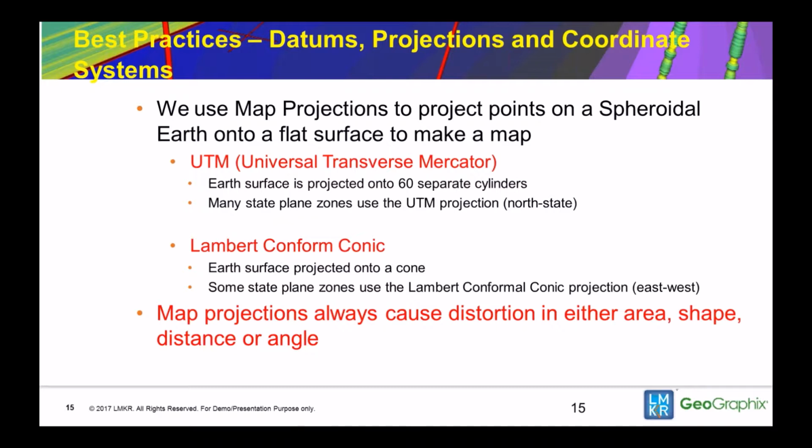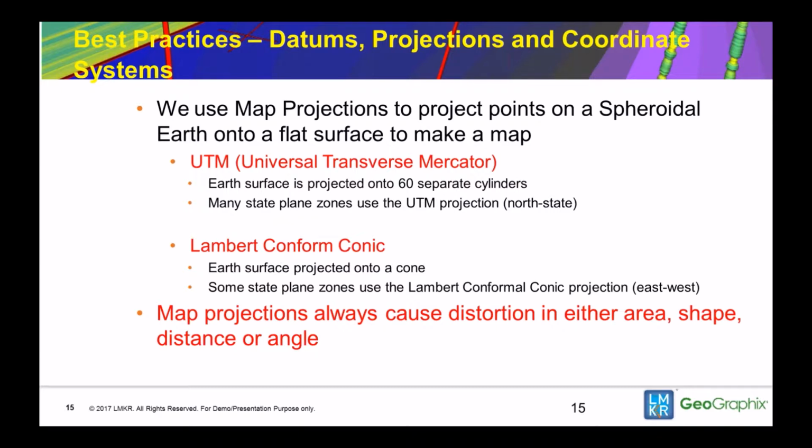And you can see this when you look at maps of the world, right? You can't really see it when you look at maps of a certain area, let's say a couple townships. But when you take a look at a map of the world, you'll notice very quickly in some projections, Greenland looks huge, about the same size as the United States.